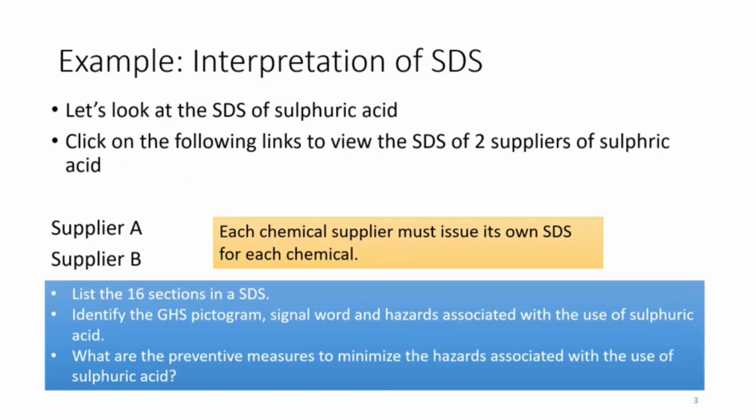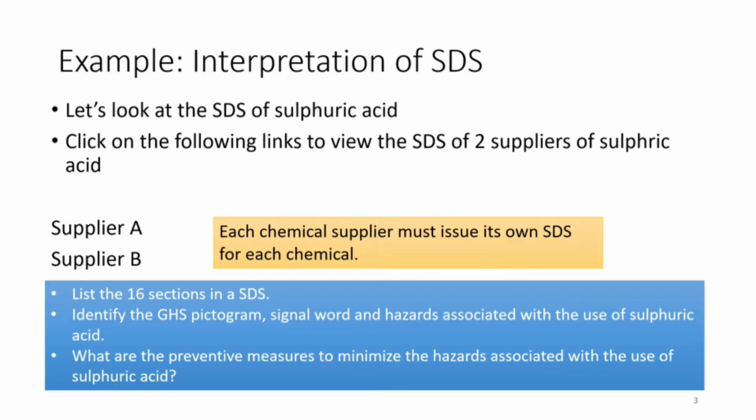Now let us learn about the use of SDS by using sulfuric acid as an example. In this lesson folder, I have uploaded the SDS of 2 suppliers of sulfuric acid. Do note that even for the same chemical, different chemical supplier must issue its own SDS.